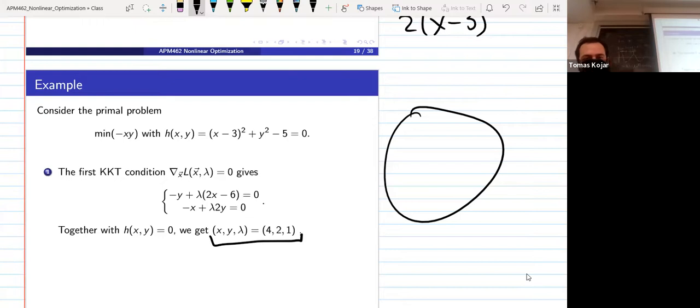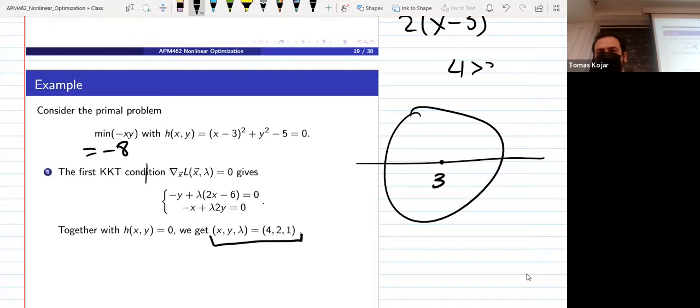Let me put this in actually. If you put 4 and 2, you get minus 8. So that means C is negative. Is 4 bigger than 3 plus square root 5? No, the other way, right? Otherwise it wouldn't work. Apparently, I don't know how it's even possible.